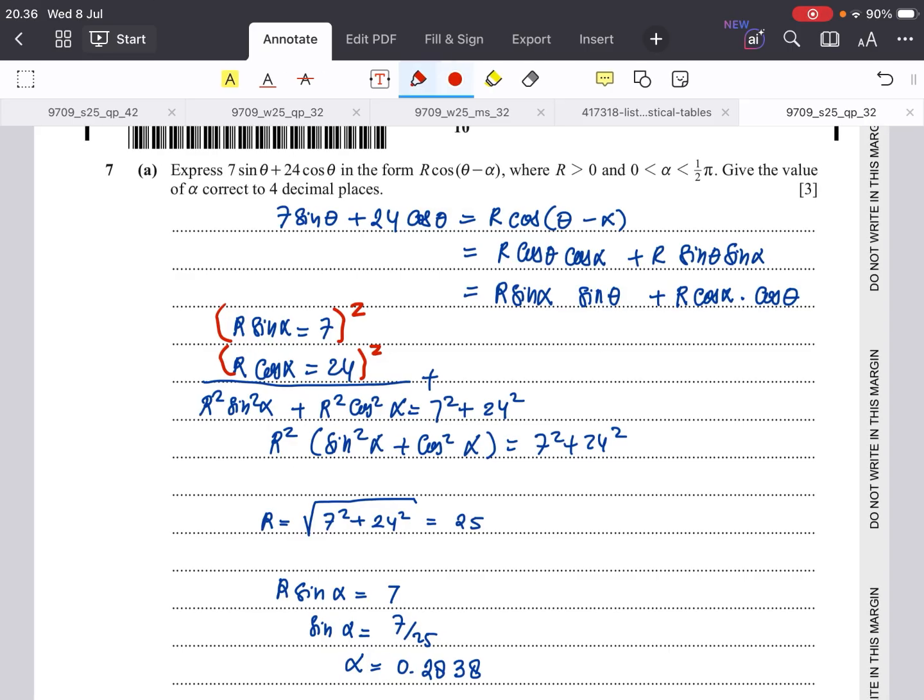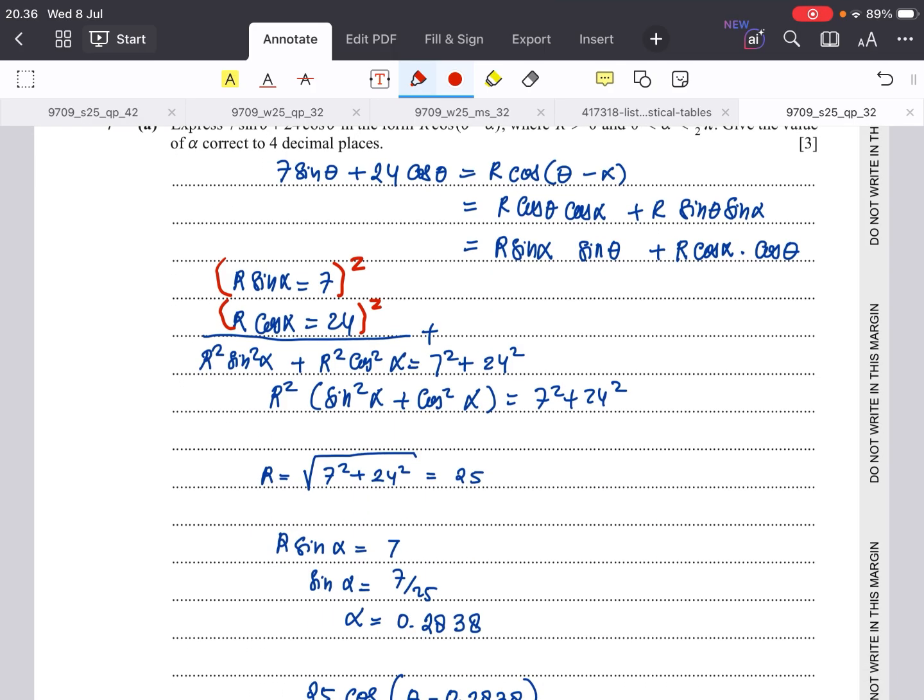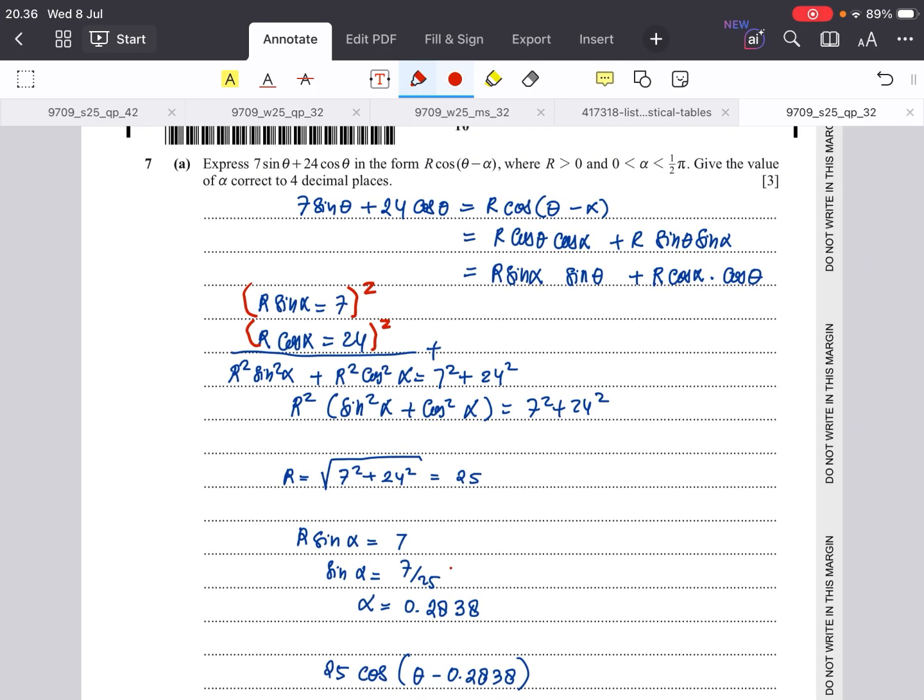And then we know that r sin alpha is equal to 7. You can use r sin alpha equals 7 or r cos alpha equals 24 in order to find the value of alpha. The result will be the same. So sin alpha is equal to 7 over 25.